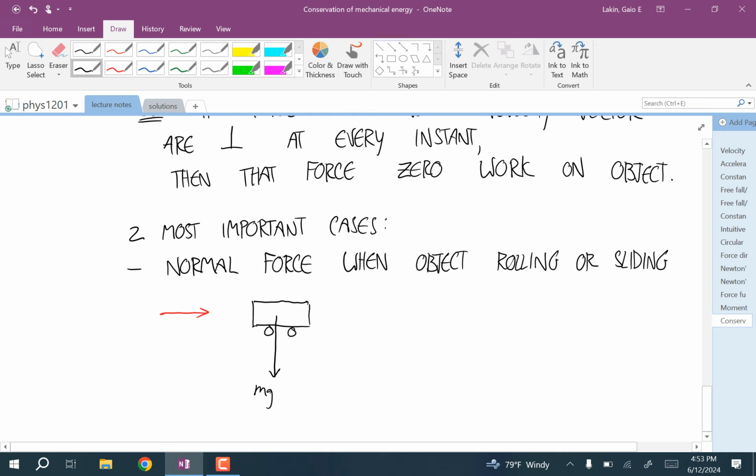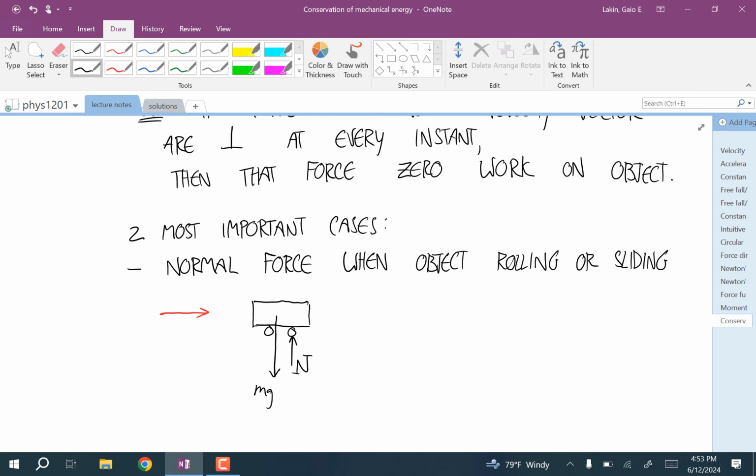But here's the one we're talking about, the normal force, the pushing force from the ground. That normal force is perpendicular to the velocity vector, and so it never does any work. It doesn't matter what the shape of the path is. It could be curved or it could be an incline, but in every case, that normal force is going to be perpendicular to the velocity, and so that normal force does zero work.